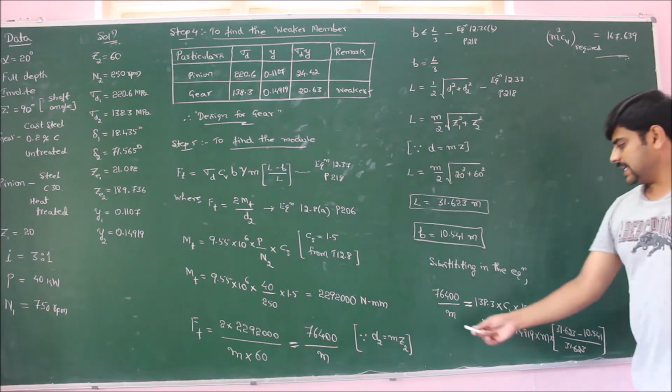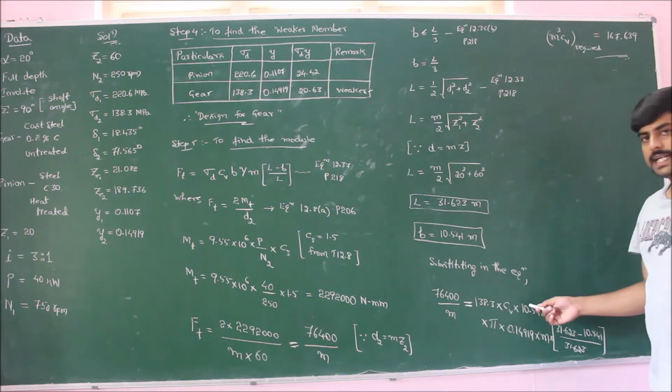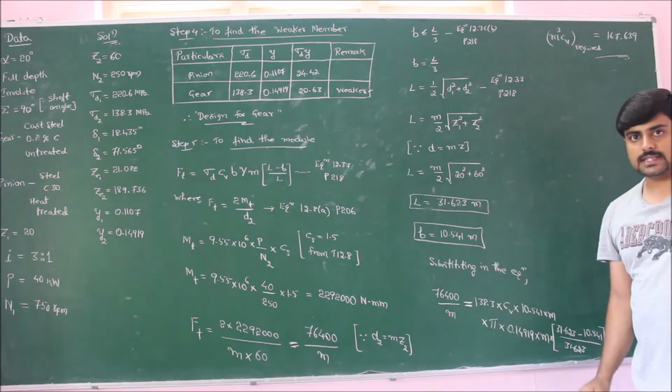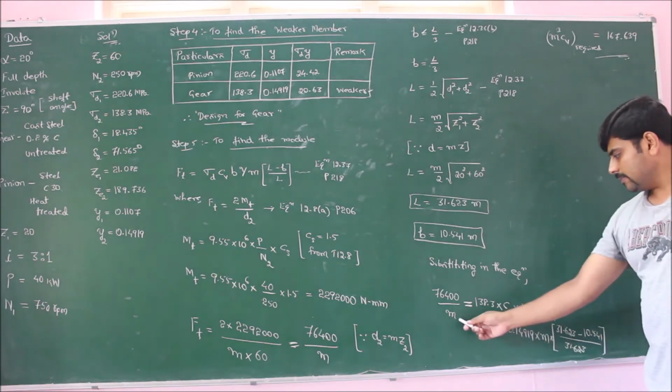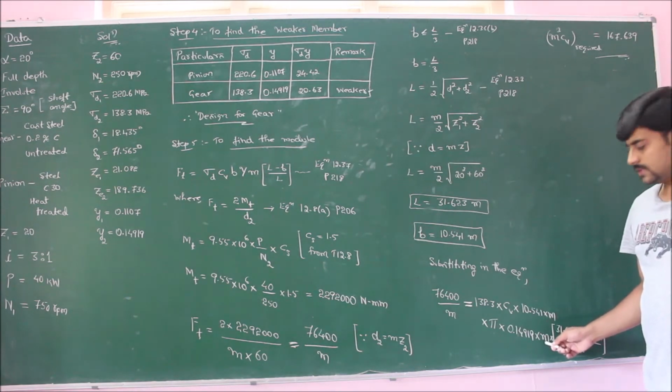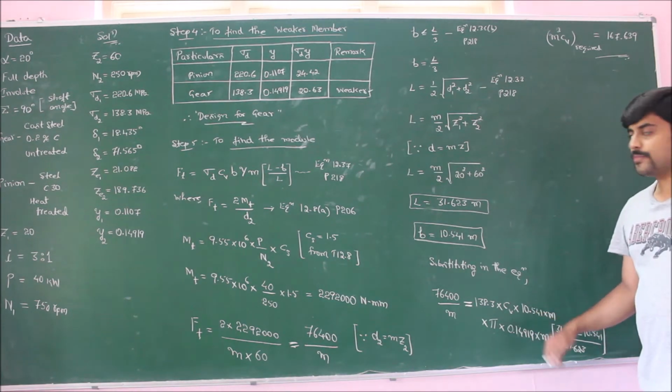This is obtained by sending the module to the right hand side and sending all the known numerical values to the left hand side, and we end up with m into m is m square into m will be m cube times the CV.